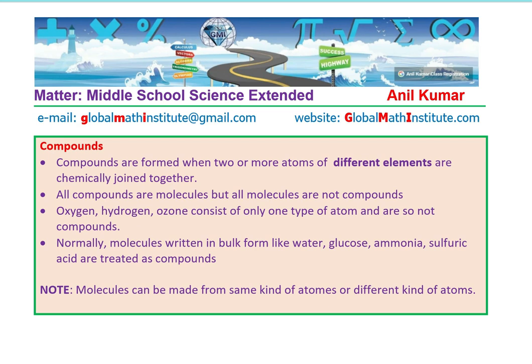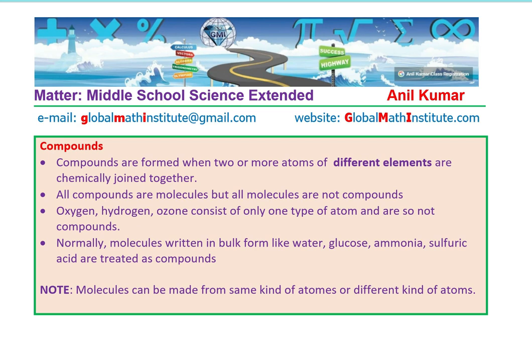All compounds are molecules, but all molecules are not compounds. You get the idea? All compounds are molecules because molecules are also formed when two or more atoms of elements combine. If they are different, we can call them compounds also. But if they are the same, we cannot call them compounds.